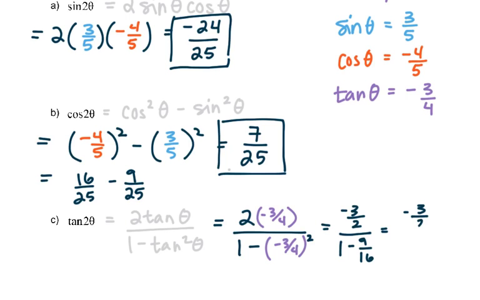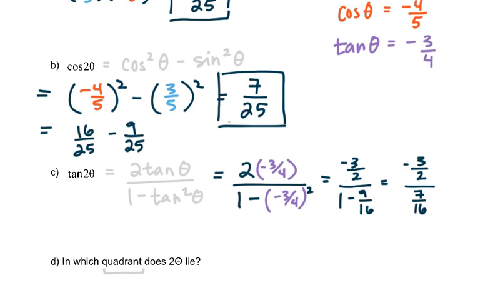So I've got negative 3/2 over positive 7 over 16. And copy, change, flip, that's negative 3/2 times 16 over 7, which is negative 48 over 14, which reduces to negative 24 over 7.